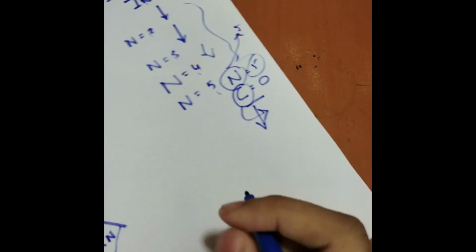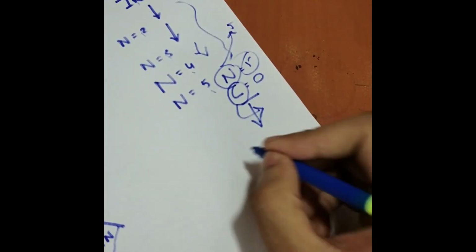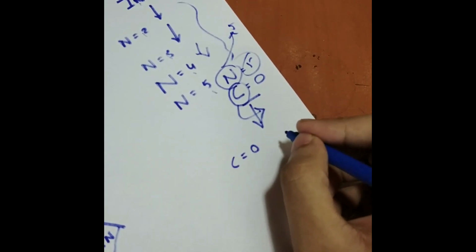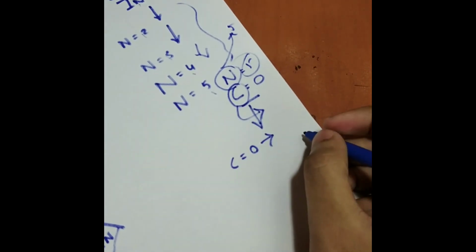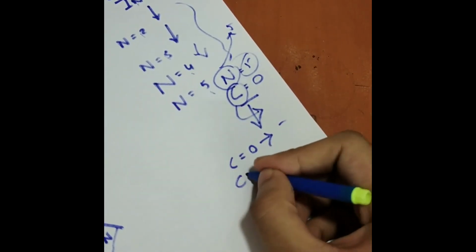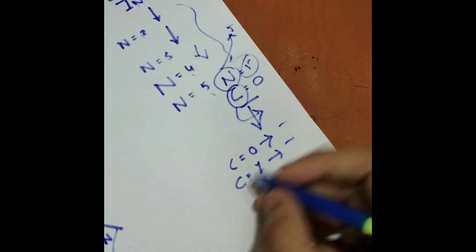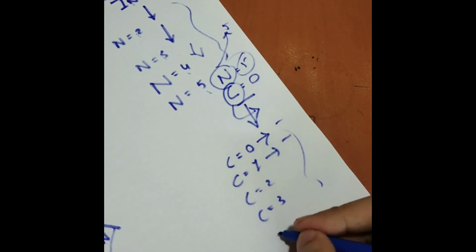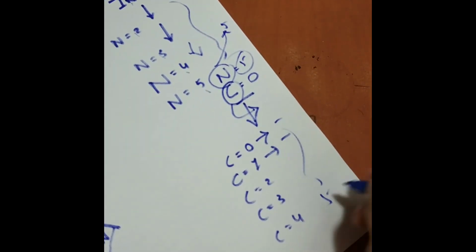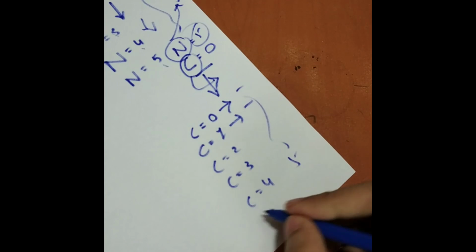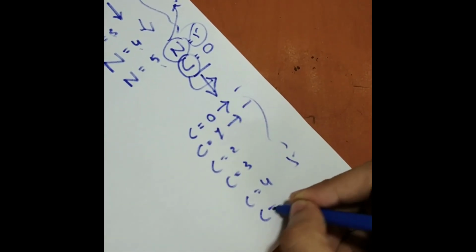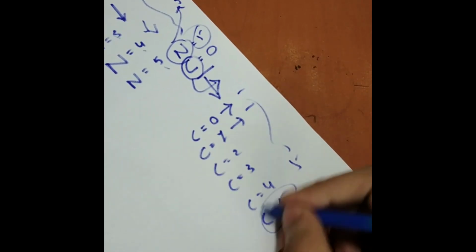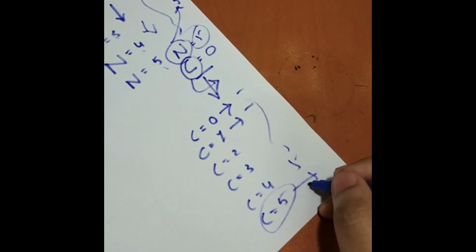Why? The first time it will print India is when C equals 0. India is printed. C equals 1 when India is printed, C equals 2, C equals 3, 4 times India is printed. Then C equals 4, 5 times India is printed. If it goes to C equals 5 and India also prints when C equals 5, then it will be 6 times India is printed.